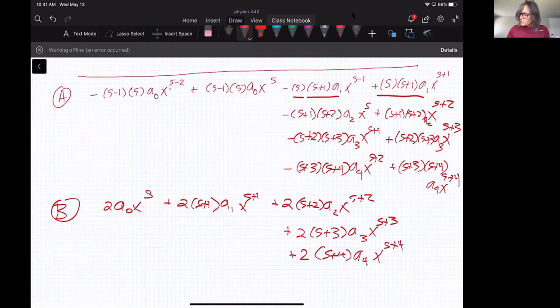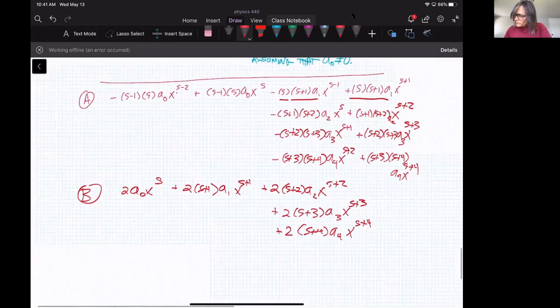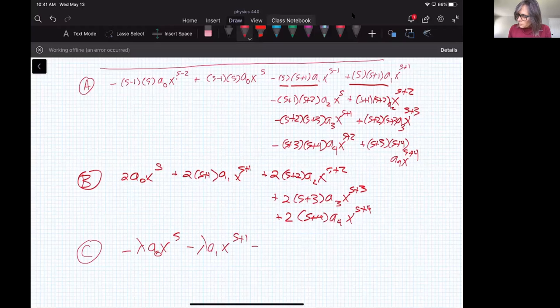And that's as far as I wanted you to go there. Let me zoom this in a little bit. And then C is even easier. That's just minus lambda a naught x^s, minus lambda a1 x^(s+1), minus lambda a2 x^(s+2), minus lambda a3 x^(s+3), minus lambda a4 x^(s+4).